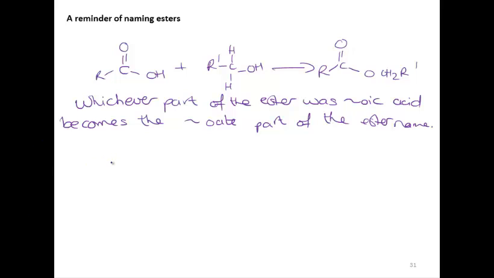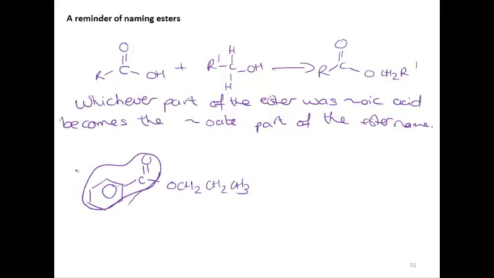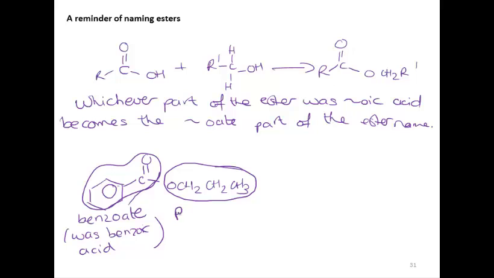Okay, let's look at a couple of specific examples here. Looking at this one, if we put a ring around the bit that was the acid originally, it was originally benzoic acid, so that becomes benzoate. And then this part here, it's 3 carbons, was propanol, so that's going to become propyl, so propyl benzoate.